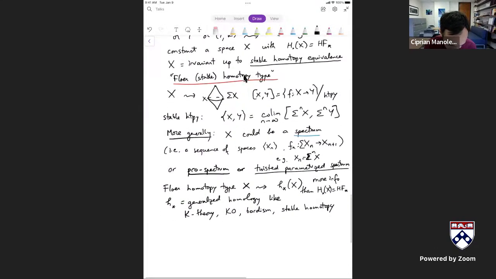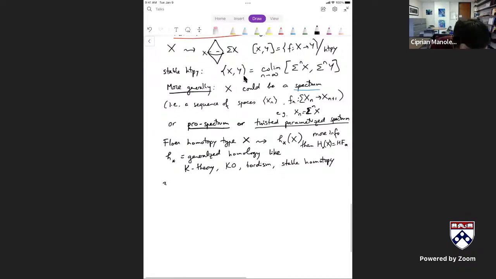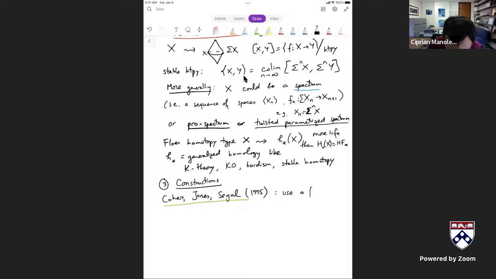So let's see how to do it. So, constructions. The idea of Floer homotopy started with this paper of Cohen, Jones, and Segal from 1995. And they proposed using a flow category.